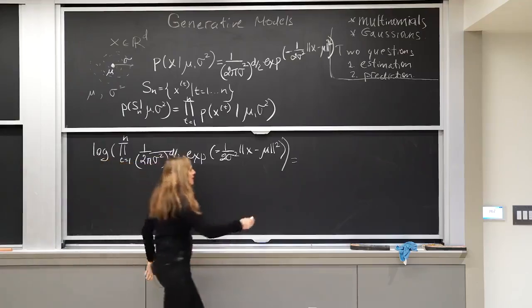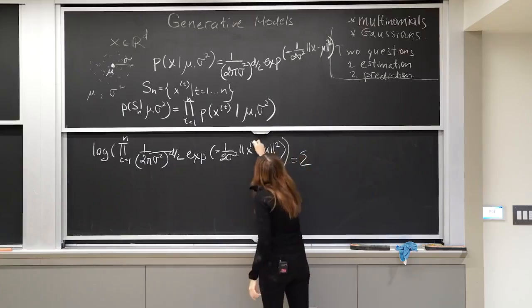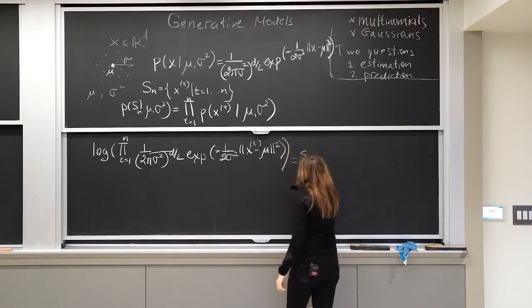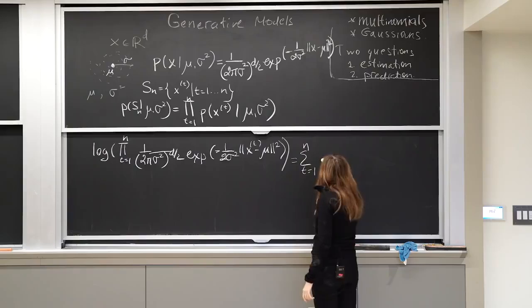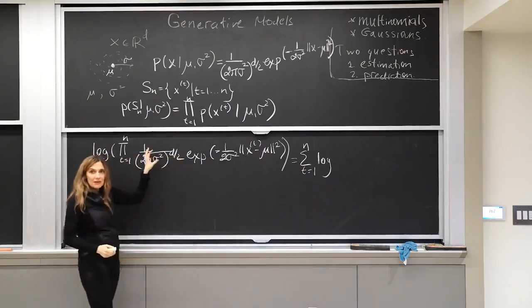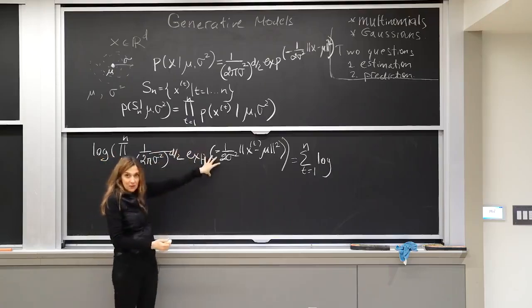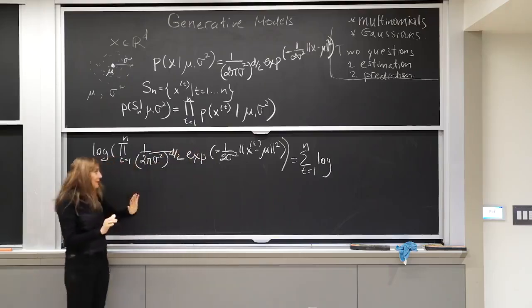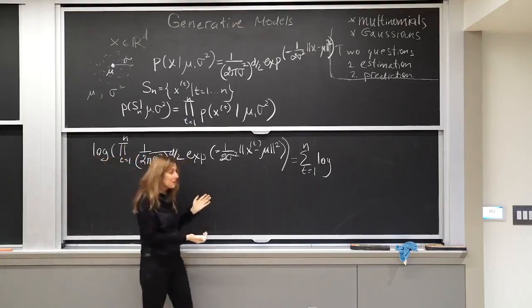So we're going to write now the sum from t to n, and here we are going to take the log of this whole expression. You can see there are two parts to this expression. I could have rewritten it, but there is no point. We can separately take this log and sum them up.